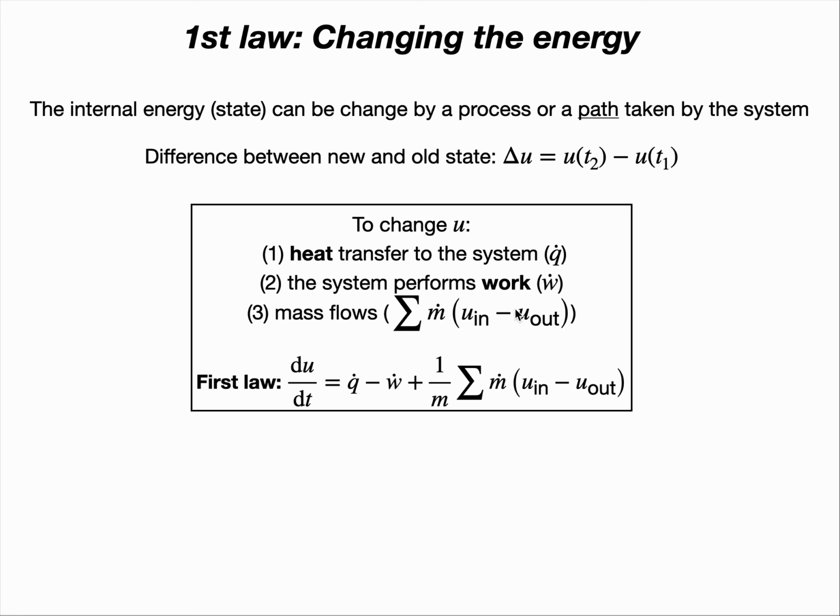So for example, it's expanding, and we get the PDV term. So work rate here is a contribution to this balance. And the last term here is the mass flow. So you can have a net inflow or outflow of mass if you have mass flowing into the sides of the system.